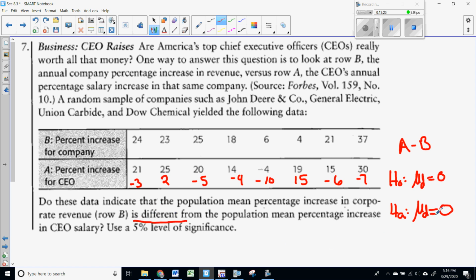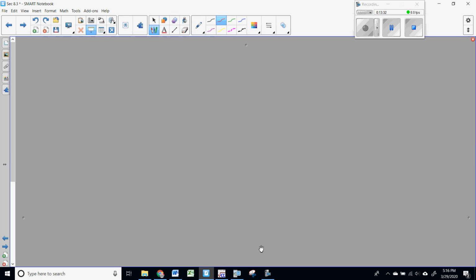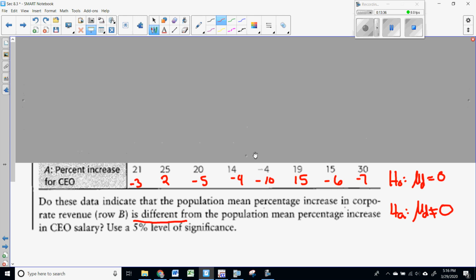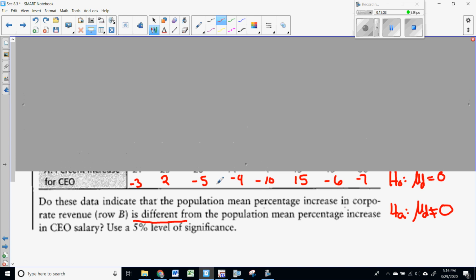So that would be not equal to. So once I have those two things, I can really forget about all of this data and just look at this new one sample t-test.